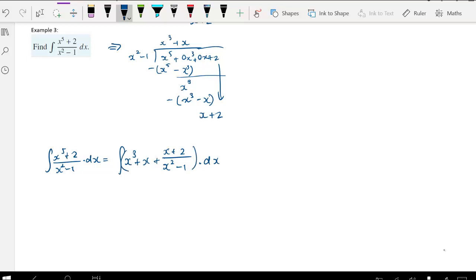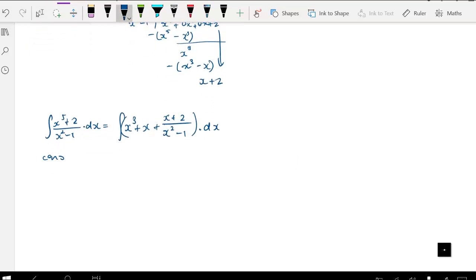So now what we need to do is we need to consider our (x plus 2) over (x squared take 1) as (x plus 2) over (x plus 1)(x take 1), as it's a difference of perfect squares.